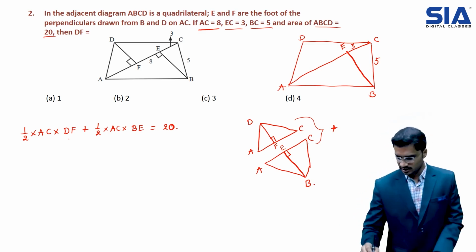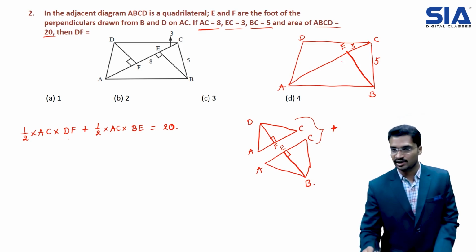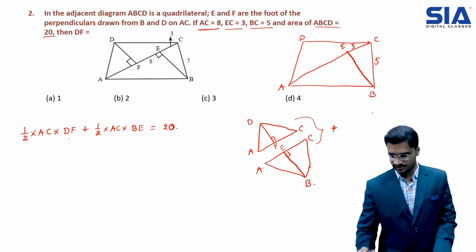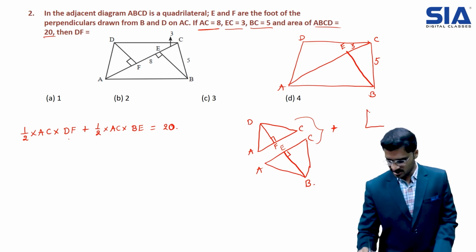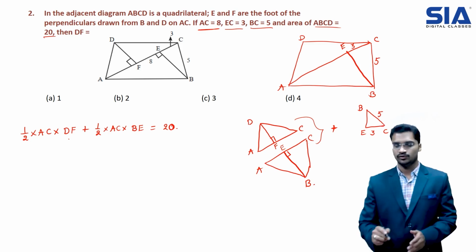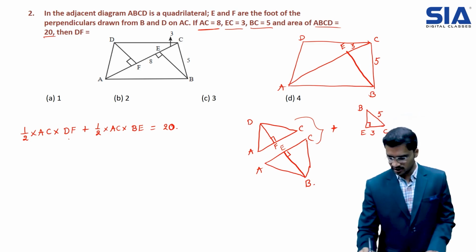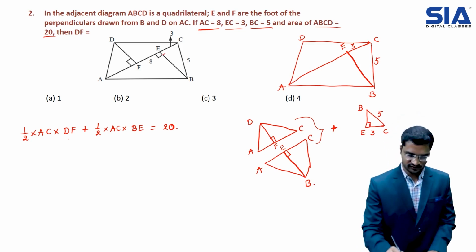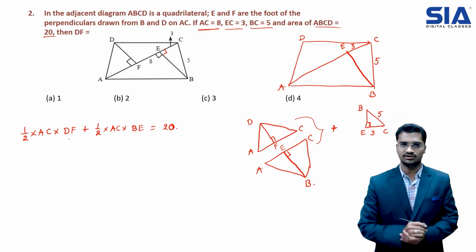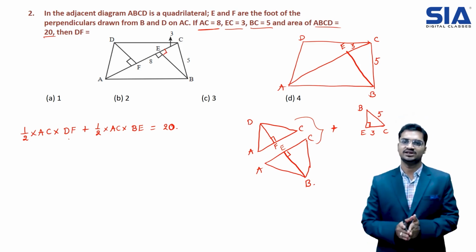Let us take this small triangle, triangle ECB, outside. The BC length is 5 and the length of EC is 3. If this angle is 90, then angle BEC is also 90.